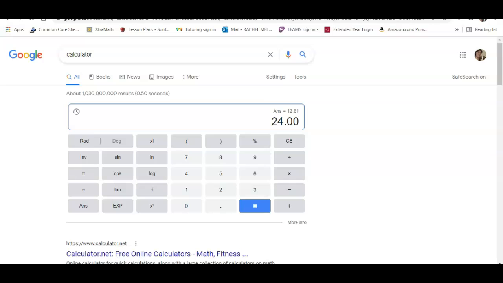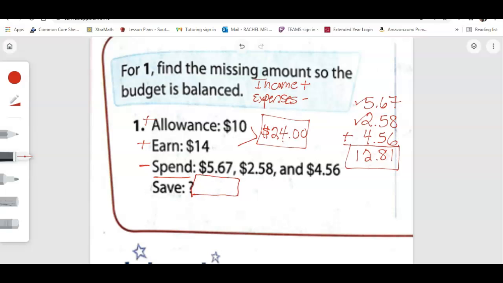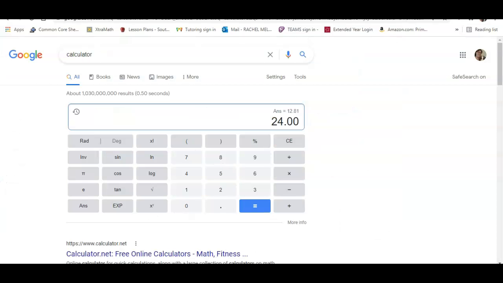Now, what I like about this calculator is that it always shows me right up here the answer to my last problem. And so that kind of helps me out. I don't have to necessarily go back and forth all the time because it's right there. So I know I need to take that away because $24 is my income and $12.81 was the expense.